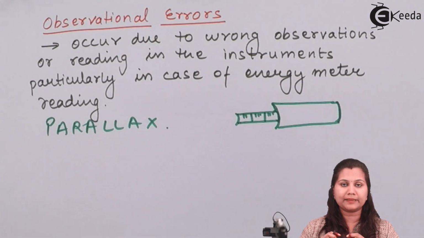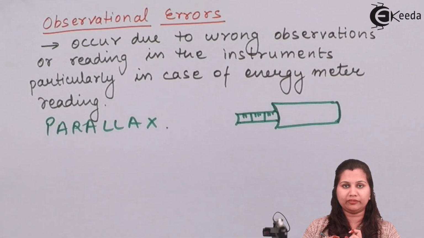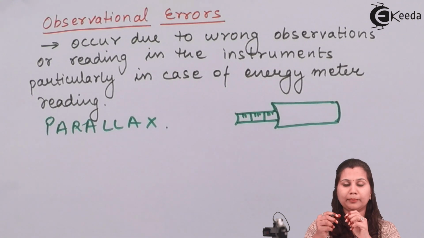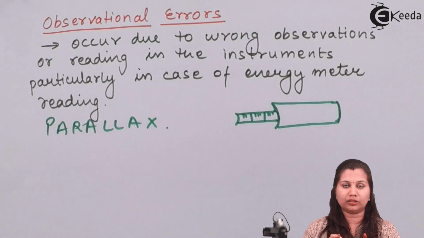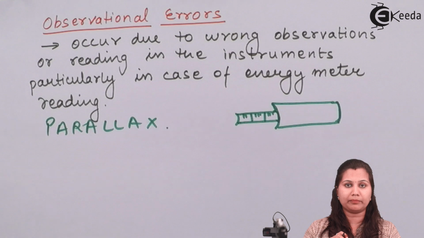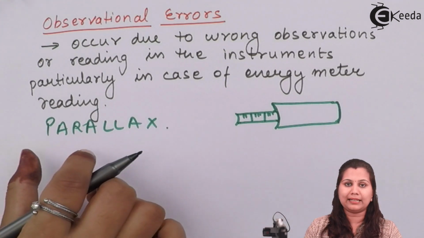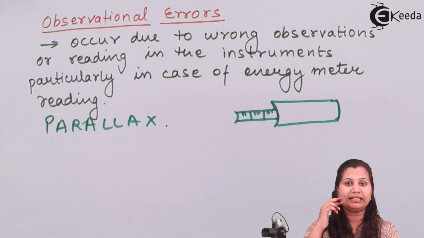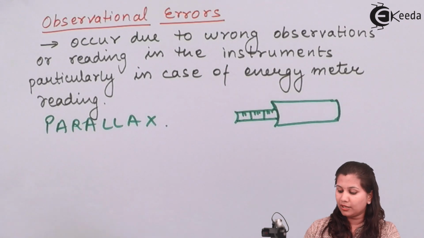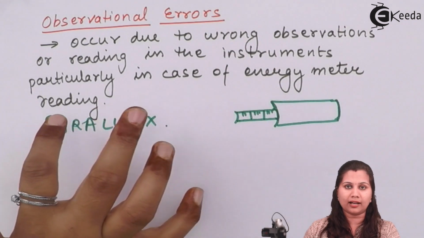There are two scales which move along each other, and we have to find the point where their readings coincide with each other. When we are making the reading, if the observer makes some mistake in recording that reading, parallax error can occur.